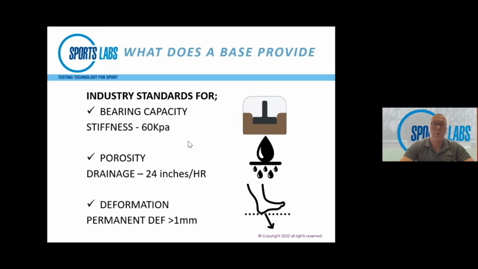You could have asphalt, you could have shock pads, sand, rubber, and then the pitch has got detritus in it eventually. So you're looking for the subbase to be draining at a significant rate when it's first installed. And for deformation, there's a number of ways of measuring this. You can use loaded trucks, or you can use a beam, but we're not looking for a lot of deflection in the subbase when it's been compacted and it's ready to have the field installed.